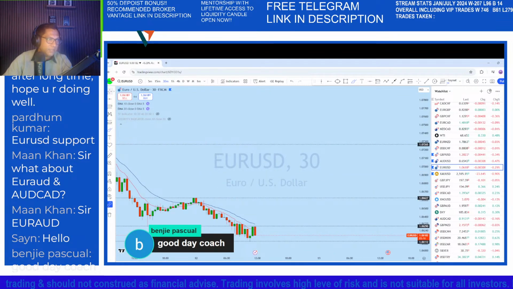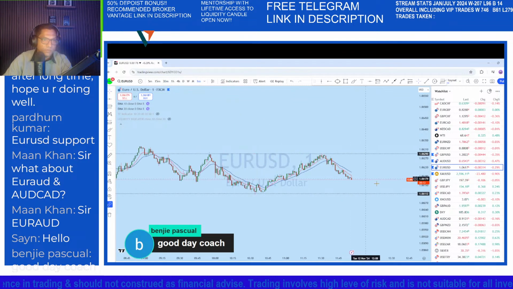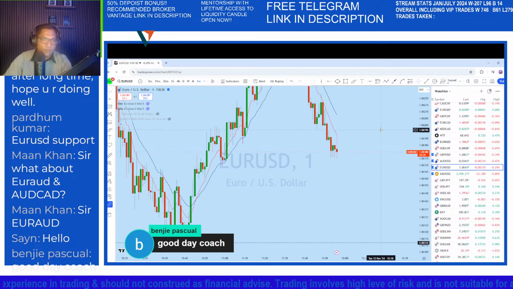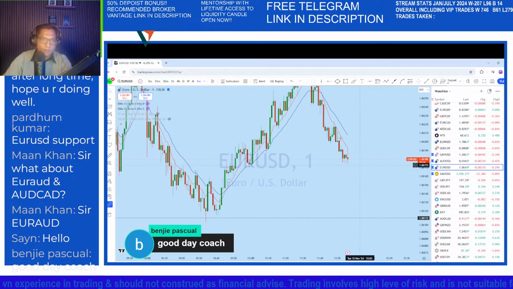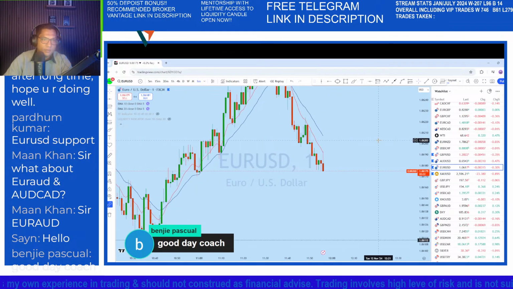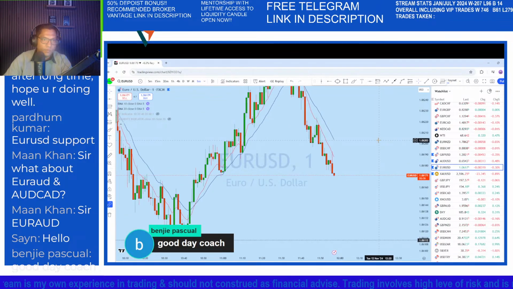Okay, so here is Euro USD. What we can see on the lower time frame is that the market is forming a bearish pattern in that area, and a very good amount of liquidity grab from that level.